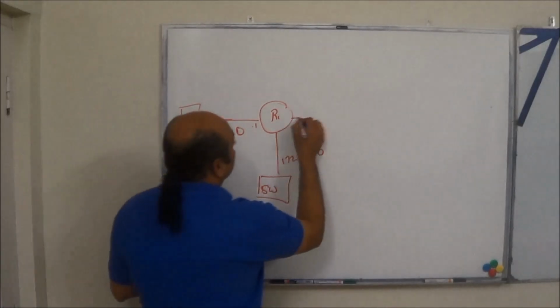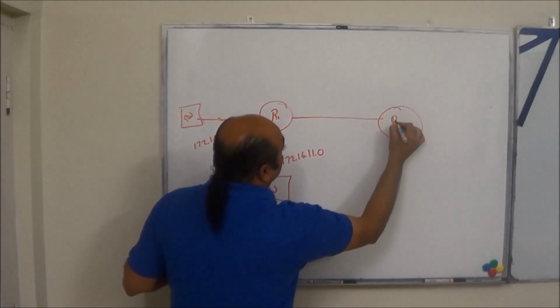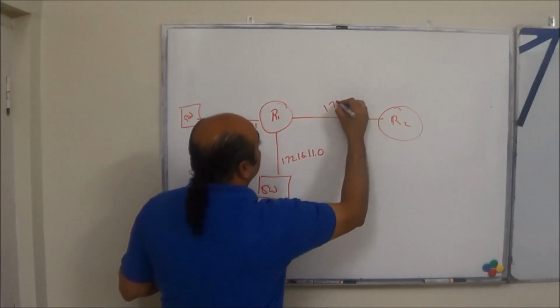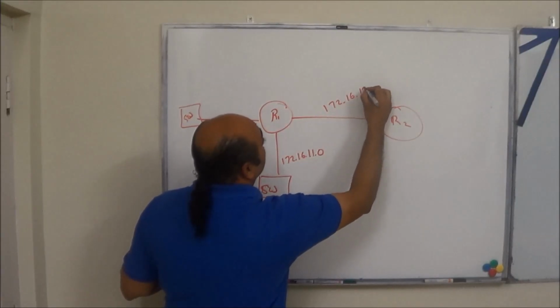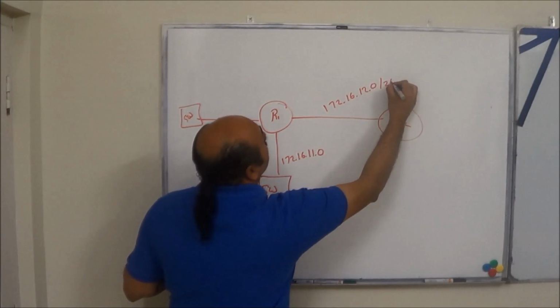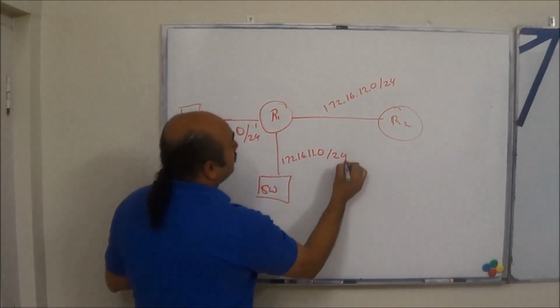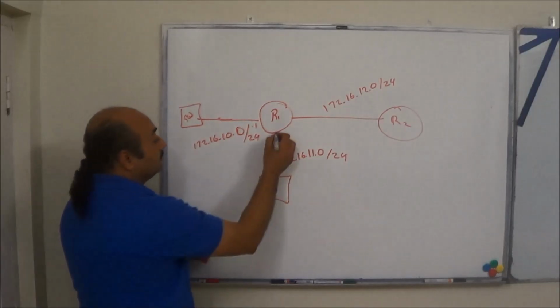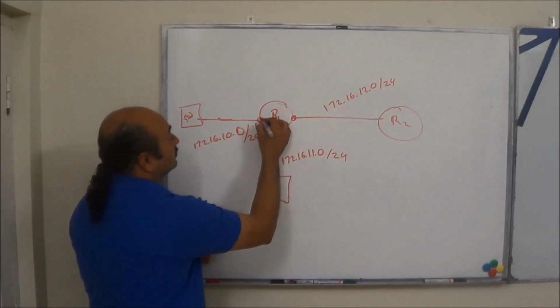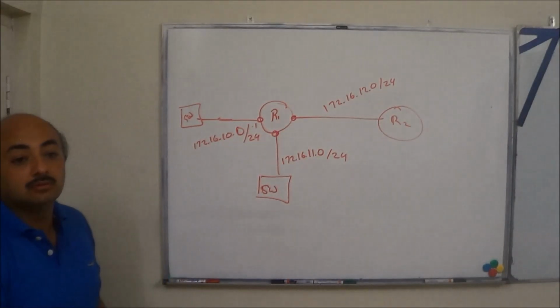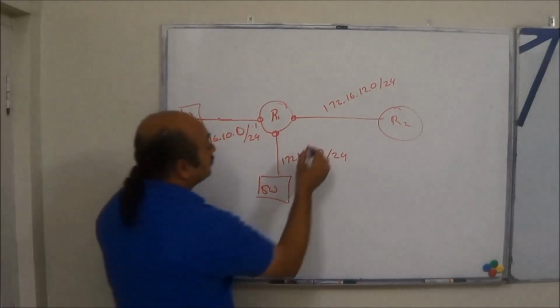What is this? R2, 172.16.12.0/24. So where is the /24? On one of the interfaces, right?